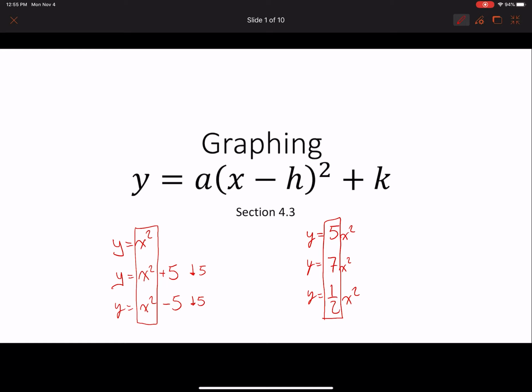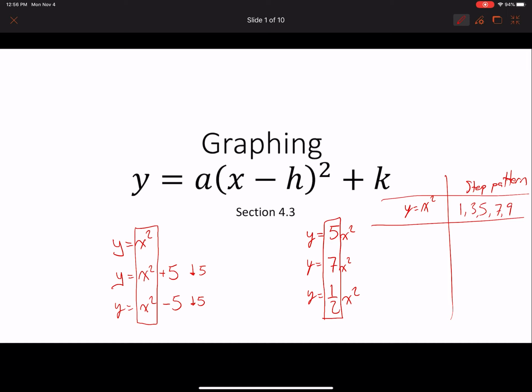So the basic step pattern for y equals x squared was 1, 3, 5, 7, always increasing by 2.